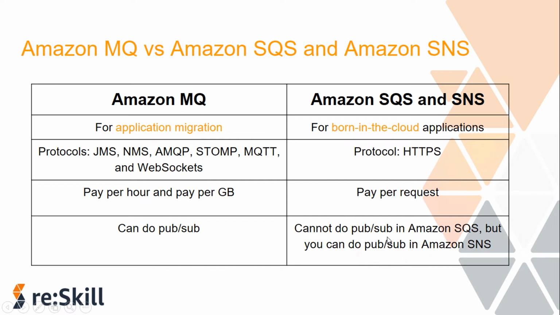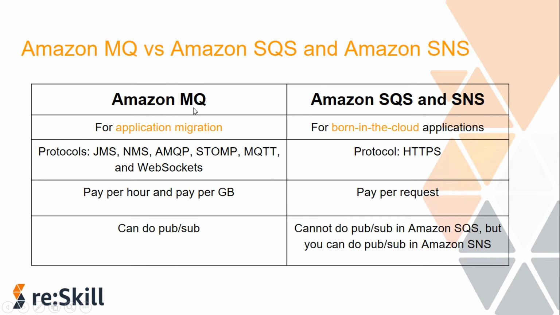It can't do pub sub in SQS, but you can do pub sub in SNS, because this is a publisher-subscriber model, and SQS follows the one-to-one messaging that we discussed earlier in this session. So the key takeaway from all the differences, if you want to remember the most important thing, is application migration.